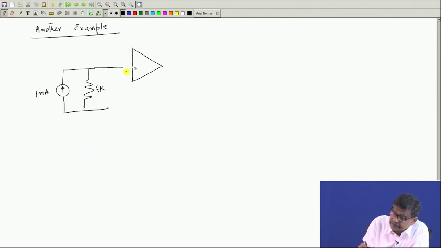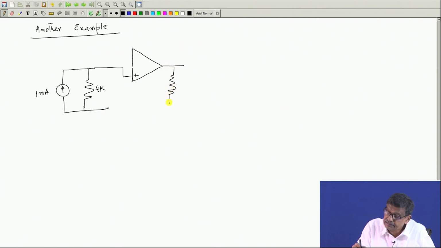This one is connected here to the plus terminal, like this 4 k, and at this output, let me first draw the circuit.